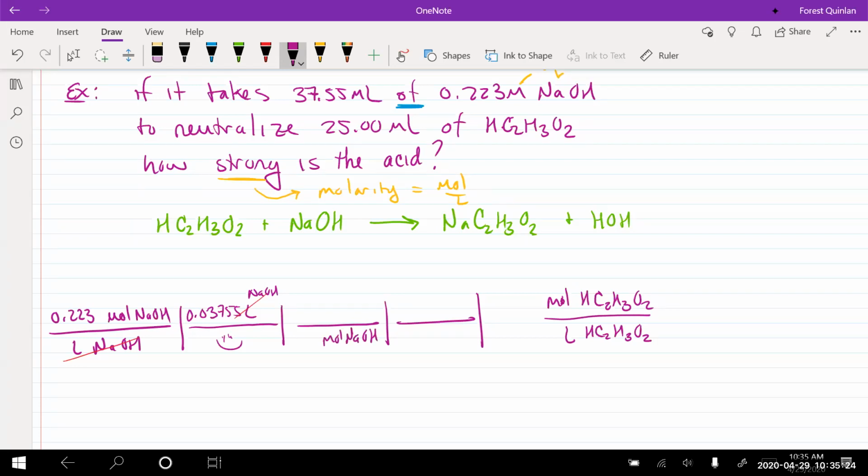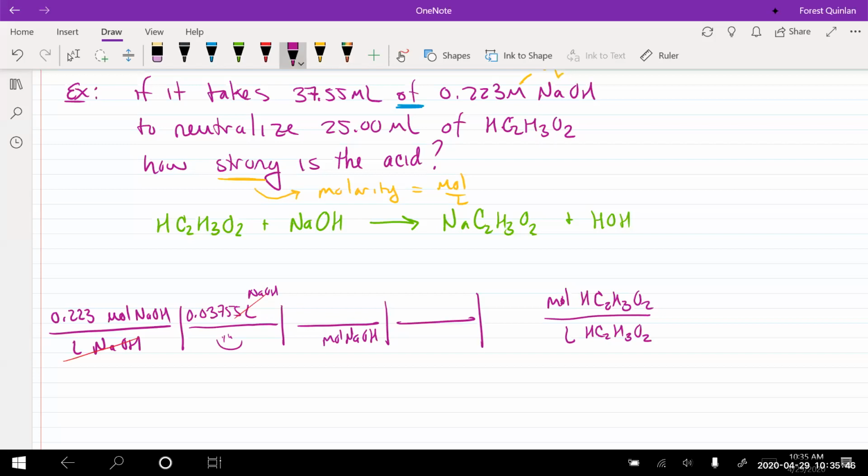And on top, take a look at where we're going. We're going to moles of HC2H3O2.